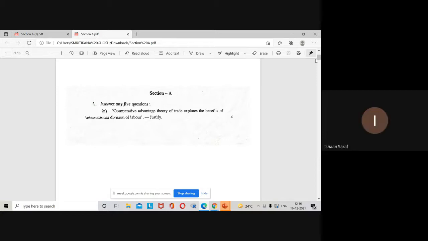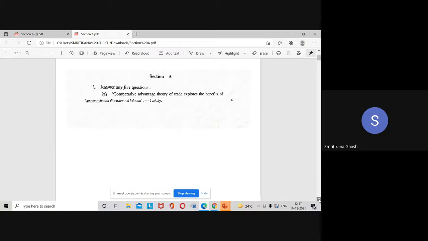Ma'am, allocation of a given amount of labor hours. So if the opportunity cost for a commodity for a country is less, there will be more allocation of resources, that is labor. Okay, so this is how. Anything else? Anyone want to add to this answer?